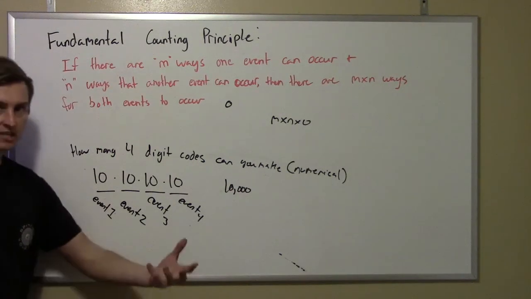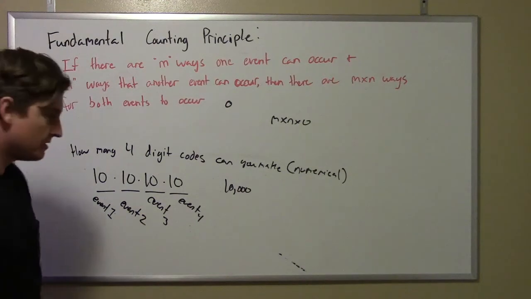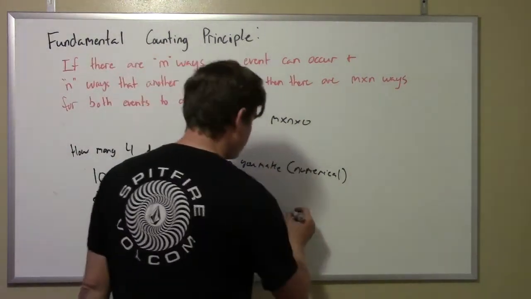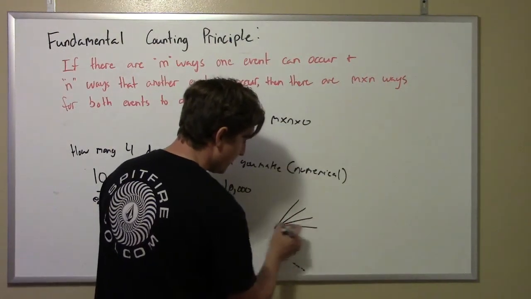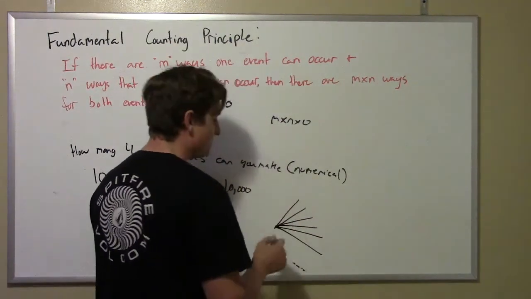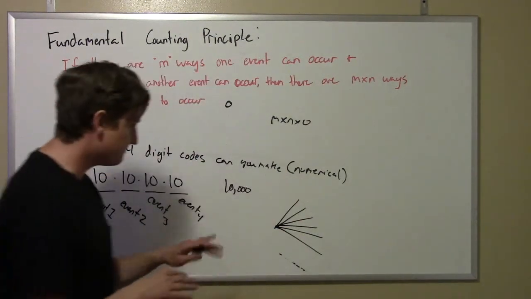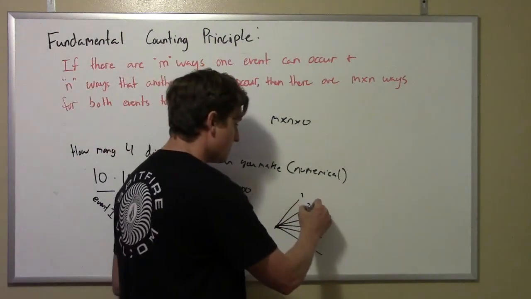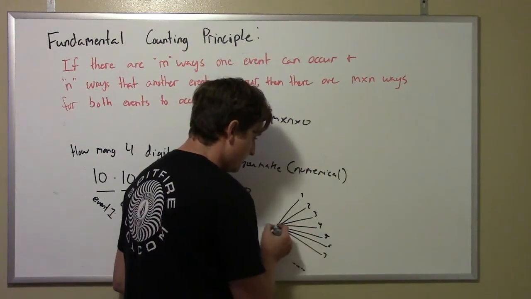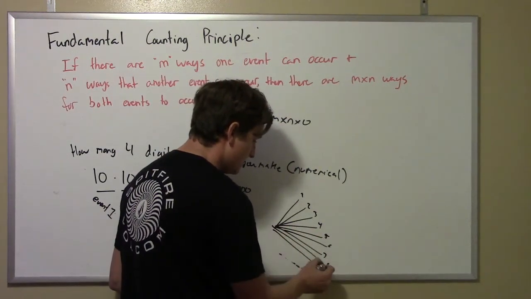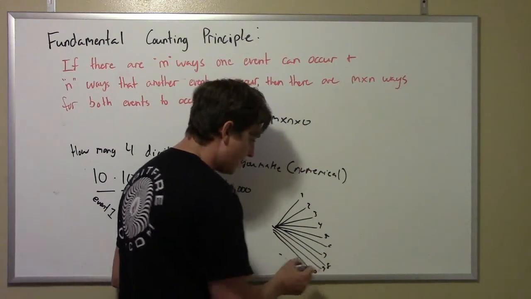Now we could try to make a tree diagram for this, but it was going to be crazy. So let me demonstrate what that would look like. You would have your digits, right? The first branch would be like choosing your first digit. 1, 2, 3, 4, 5, 6, 7, 8, 9, and 0.